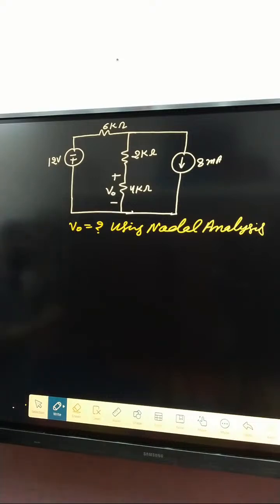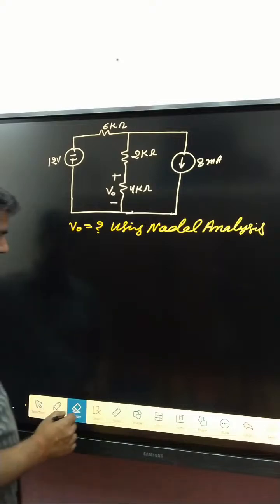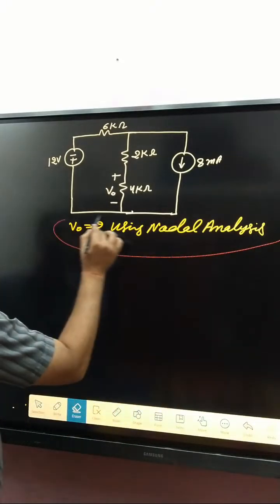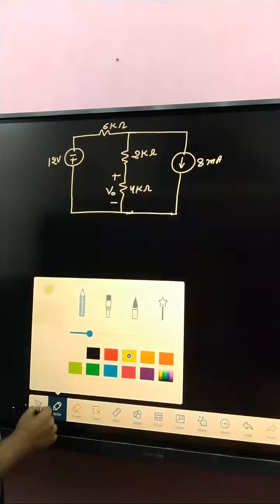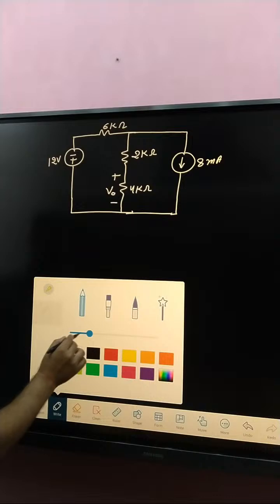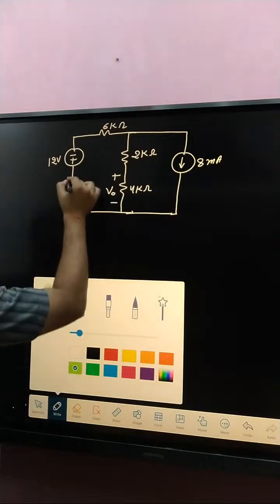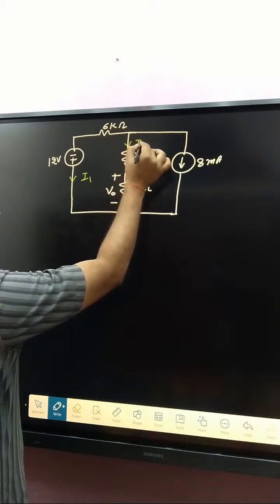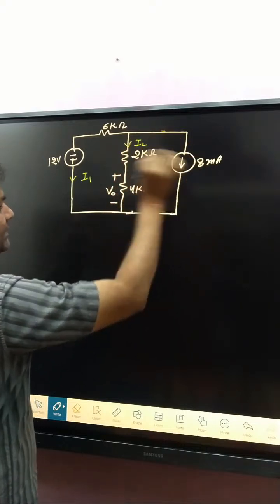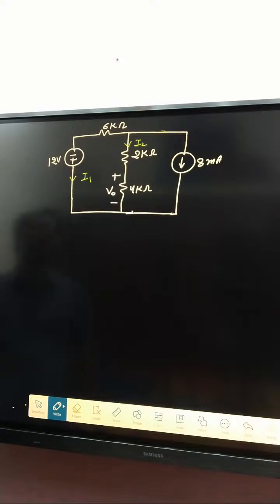So first of all, if you apply nodal analysis, the branch current here is I1, beside it the branch current here is I2, and that current is already given in this branch.